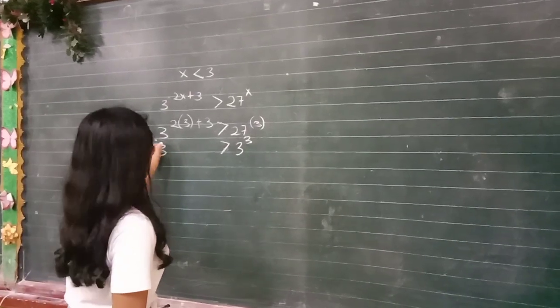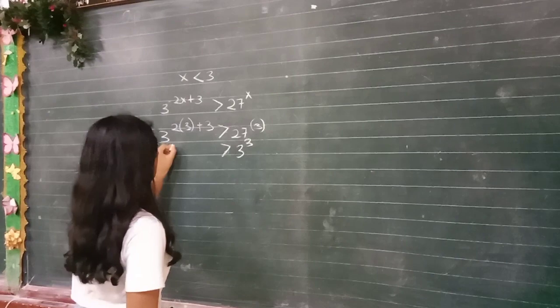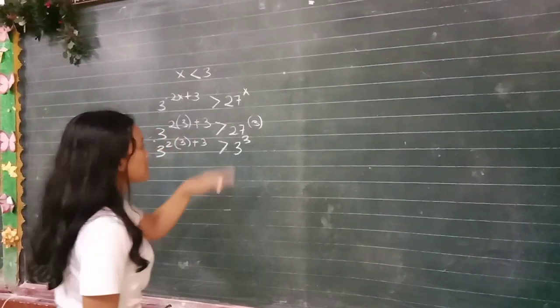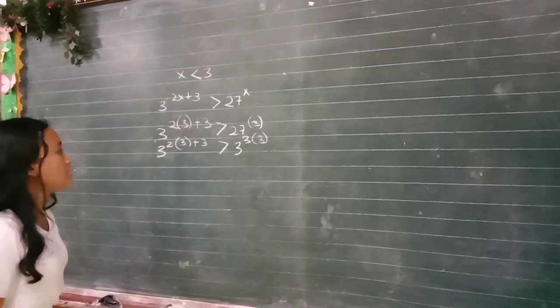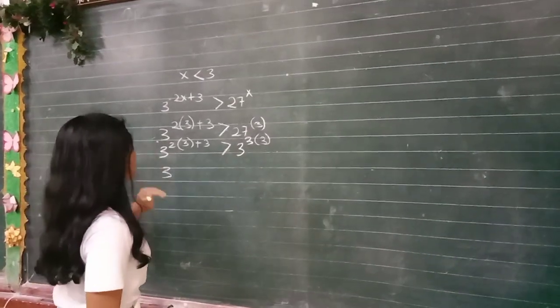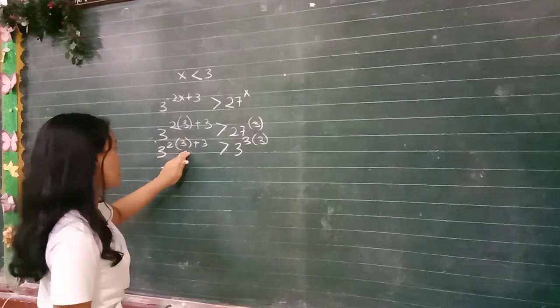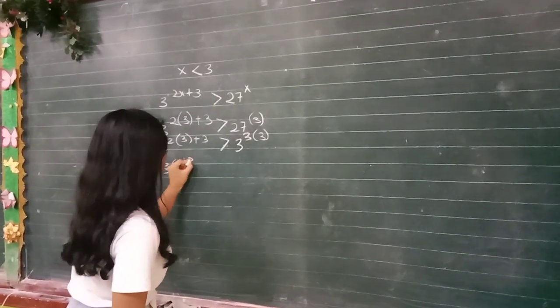Then, next we put in the exponents. 2 times 3 plus 3. Then here the base is also 3. Next, 3 times 3, and for the exponents, 2 times 3 is equal to 6 plus 3.